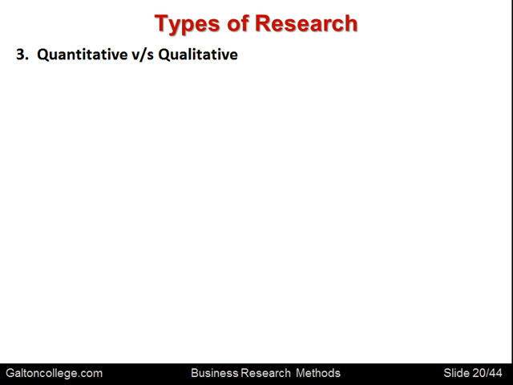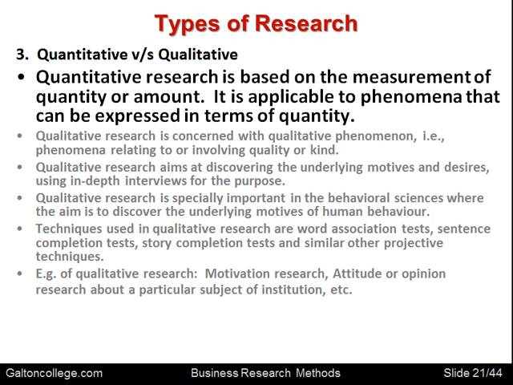We've also got quantitative and qualitative research. Quantitative research is based on the measurement of quantity or amount. It's applicable to phenomena that can be expressed in terms of quantity. And not everything can be expressed in terms of quantity.